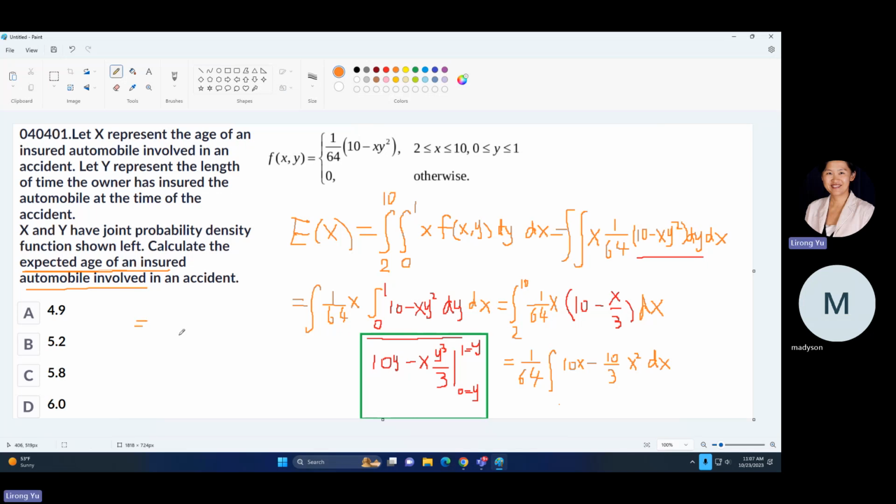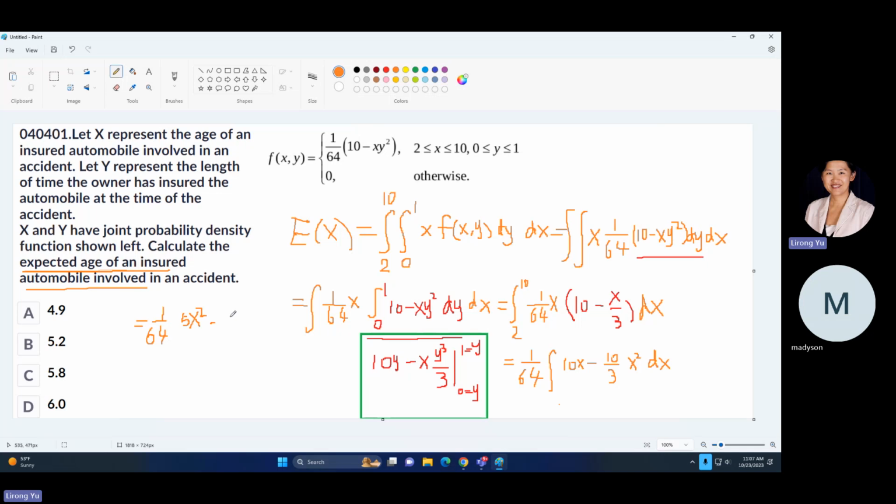So let's look at the antiderivative of it. We still have 1 over 64. 10x, if you integrate it, is 5x squared. It is actually 10 times x squared over 2, but we cancel the 2. This is 10. So this is equal to, when you integrate x squared, it's x cubed over 3.